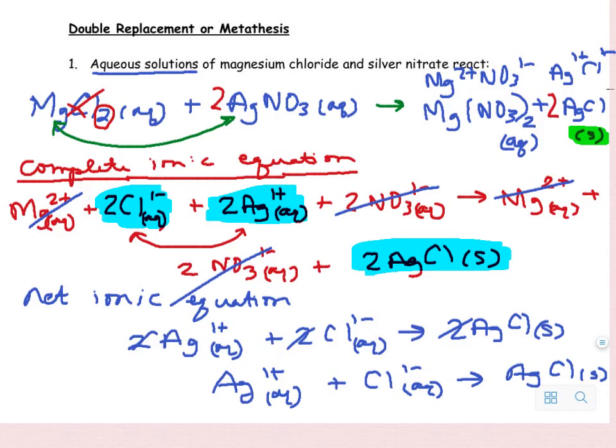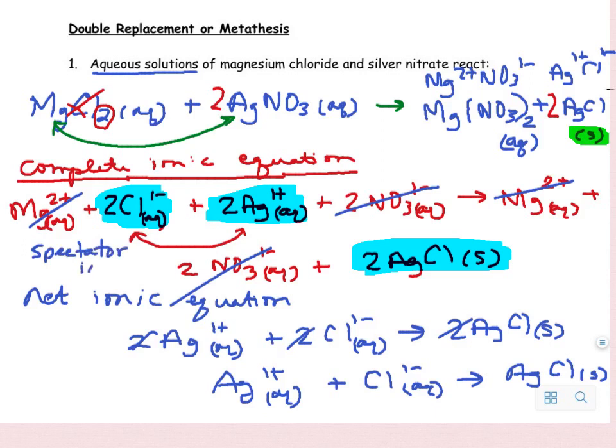So remember, you can only have a double replacement if you produce a solid or a liquid or a gas. And otherwise, it will not happen. And I want you to think about this. The ions that are not going together to make the product, which is the solid, or the ions that remain in solution as the aqueous, these are called the spectator ions.